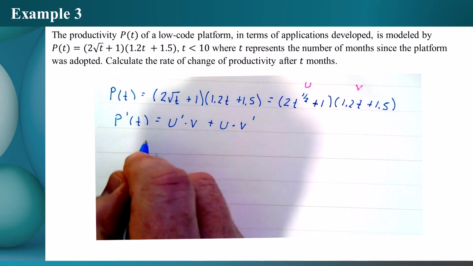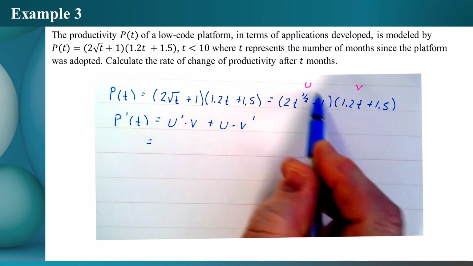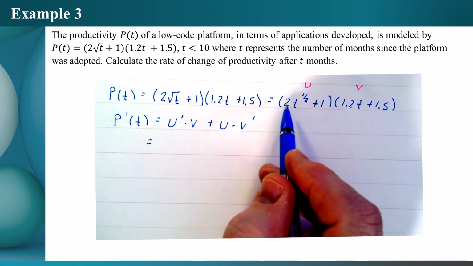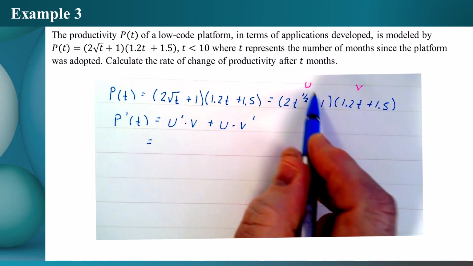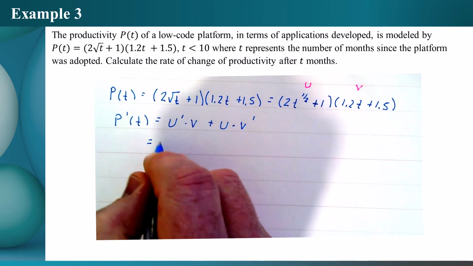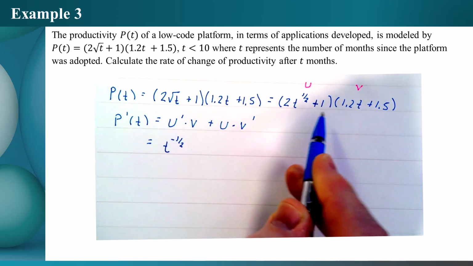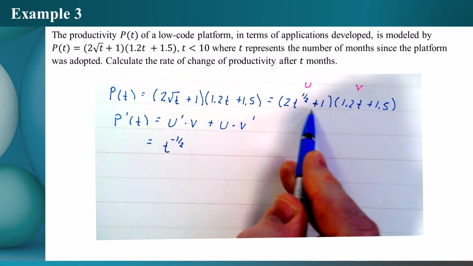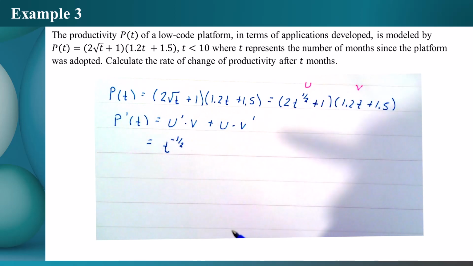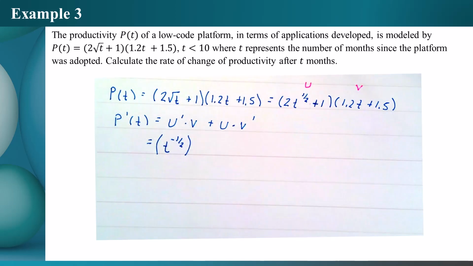Well, okay, so we have U prime. So I've got this function here, I want to find the derivative of it. I've got 2 times t to the 1/2, that 1/2 would come out in front, and we would subtract 1 from the exponent. It looks like I would get t to the negative 1/2 when I do that. And I don't get anything from the 1 over here, because the derivative of a constant is just 0. So there's my U prime.